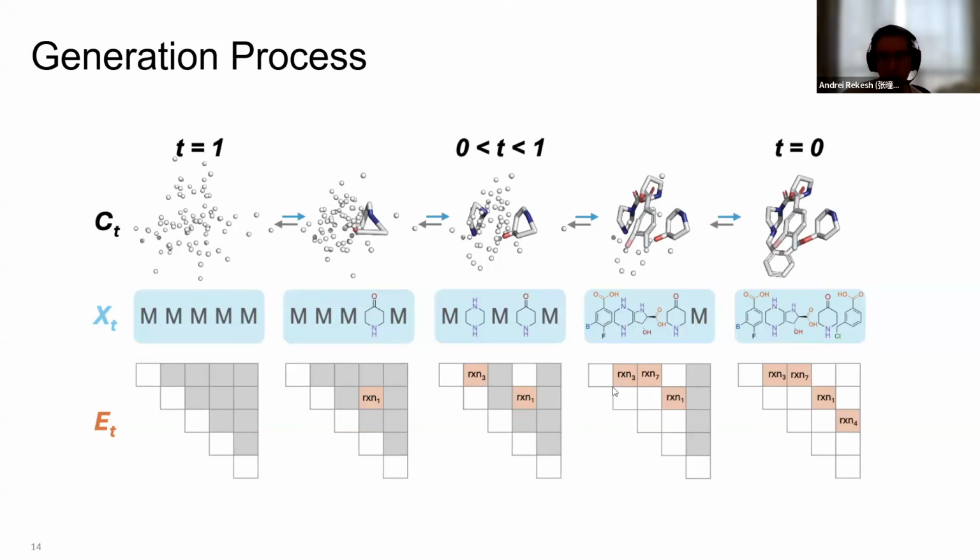As we get closer to the end, fewer and fewer atoms take on this ambiguous mask identity, and we start to have these disjoint fragments. And as we denoise reactions that describe how these building blocks bond, they connect with each other, and at time t equals 0, we have a full molecule. Also via the denoised graph, we have a proposed synthesis pathway.